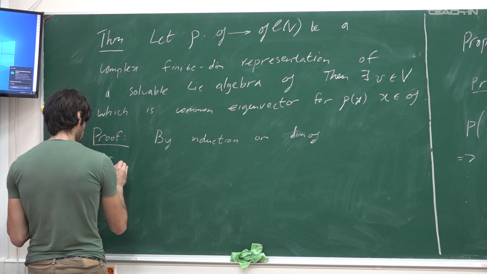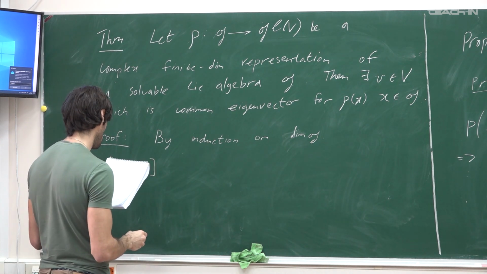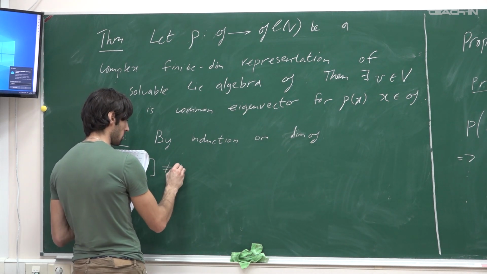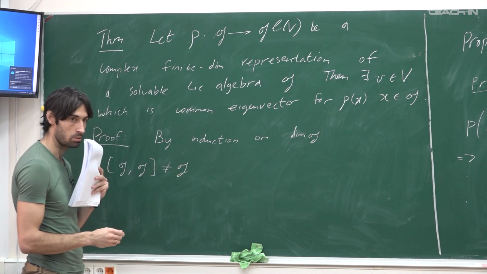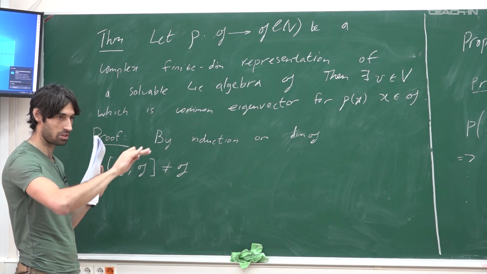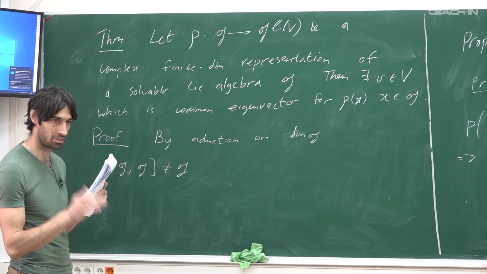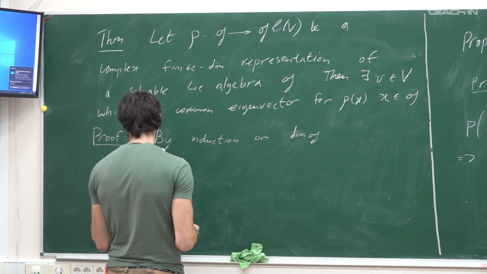So we have the derived algebra of G. And we know for sure that it does not coincide with G. Otherwise we stabilize at the first step of the derived series and never get to 0, of course.